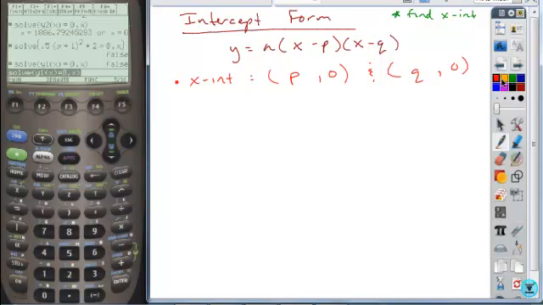As far as the other pieces of information that you can find through this, if you know what the x-intercepts are, then you know that the axis of symmetry is going to be halfway between these 2 points.